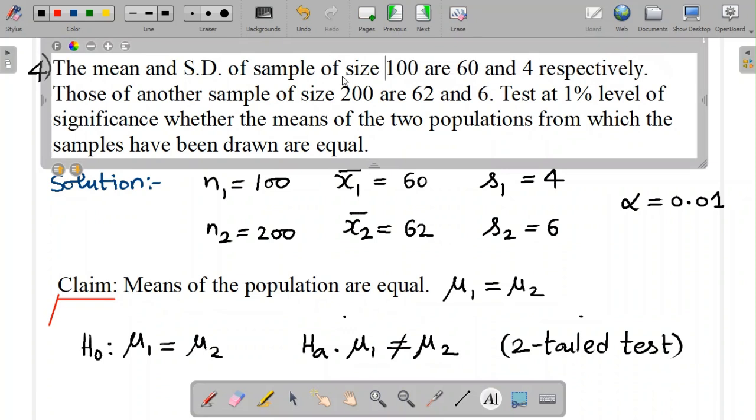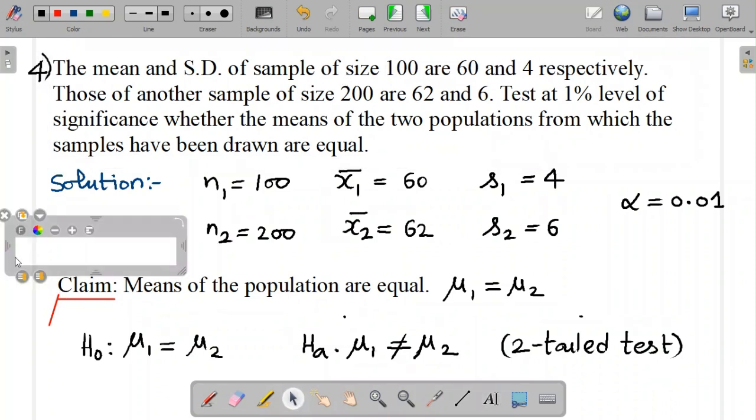Now we are supposed to test at 1% level of significance whether the means of the two populations from which the samples have been drawn are equal. So we once again list down the data. N1 is 100, N2 is 200, X1 bar is 60, X2 bar is 62, S1 is 4, the sample standard deviation, and S2 is 6.